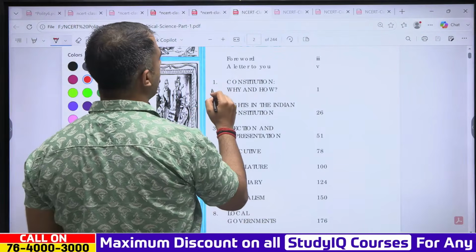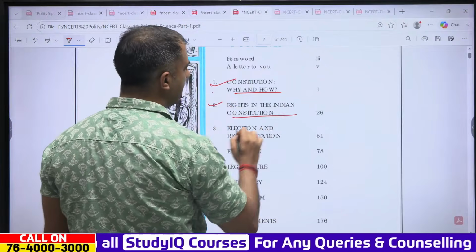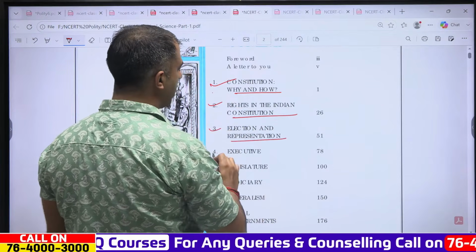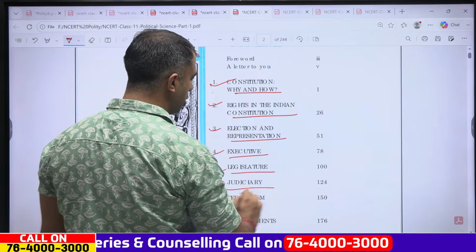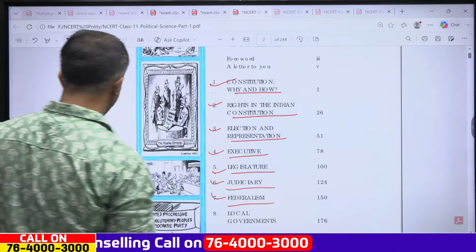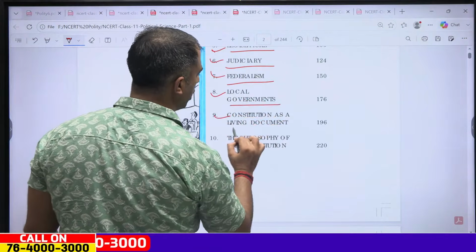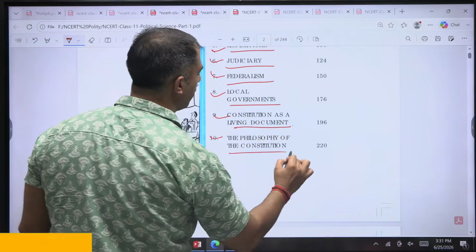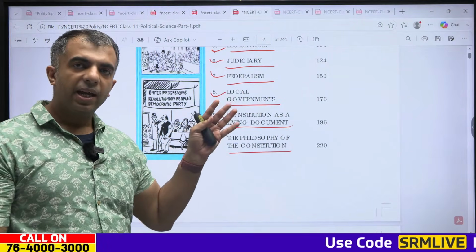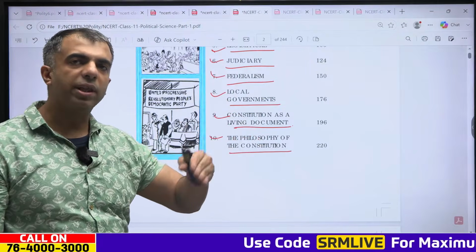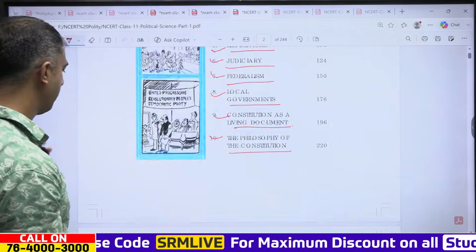This basically talks about why and how of the constitution, rights in the Indian constitution, election and representation, executives, legislature, judiciary, the concept of federalism, local government, the constitution as a living document, and the philosophy of the constitution. This is basically to give you an idea of how things have been covered in detail in class 11th NCERTs.